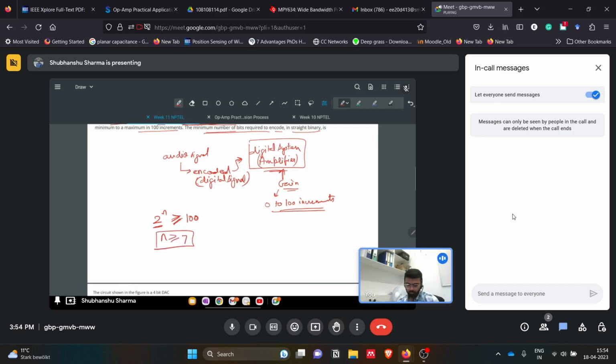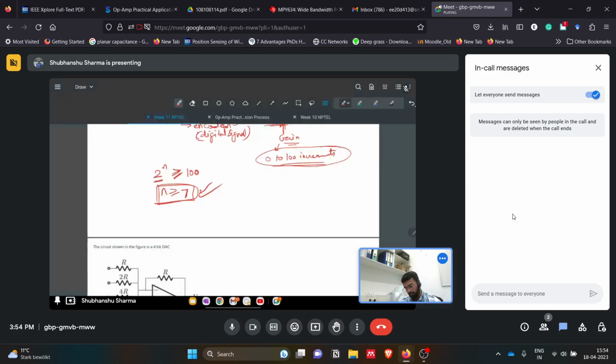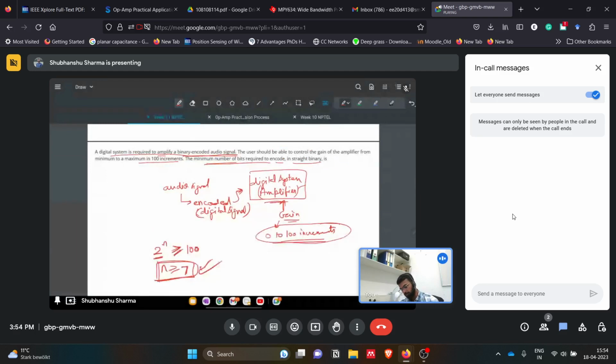So at least we should have 7 bits so that we can generate these 100 increments. If we go beyond that, we will have more than 100 increments, and the resolution will be better than the 7-bit case. So this is also fine.